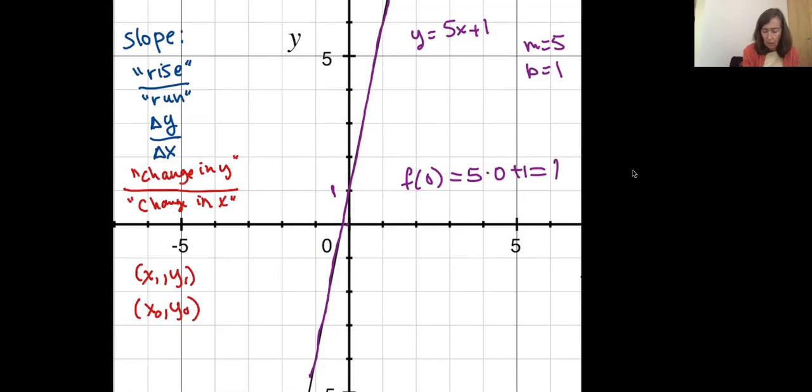So the change in Y over the change in X, or delta Y over delta X, any of these things all equal y1 minus y0, the difference in the y's, the change in Y, on the top. The denominator is the change in X, it is x1 minus x0.